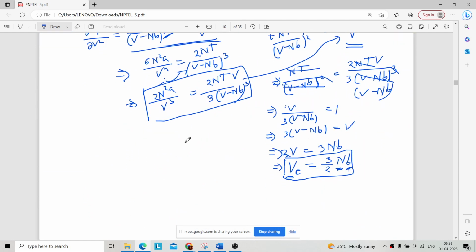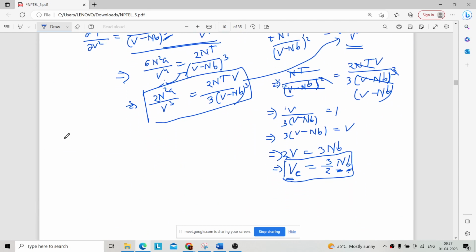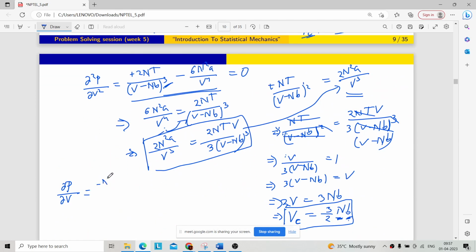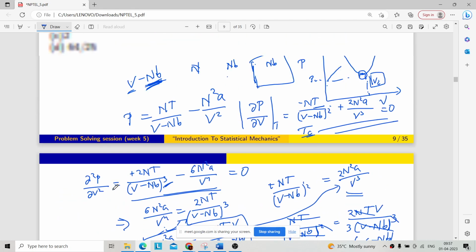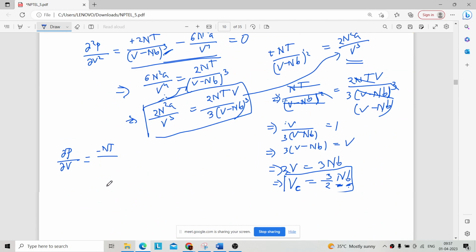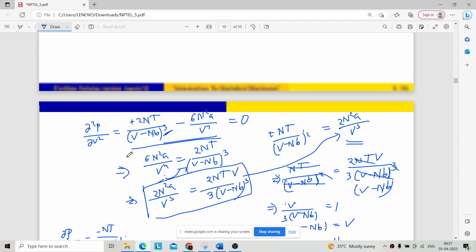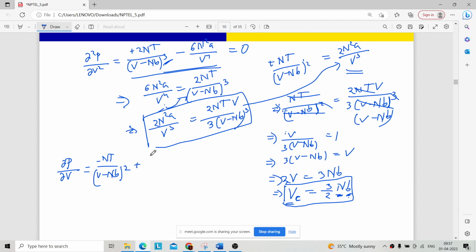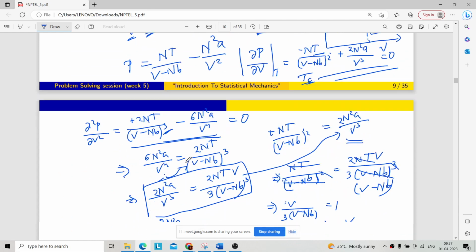So let me write down this equation again. This was del P over del V, which was minus NT over V minus NB whole square, plus 2N square A by V cube is equal to 0, right?